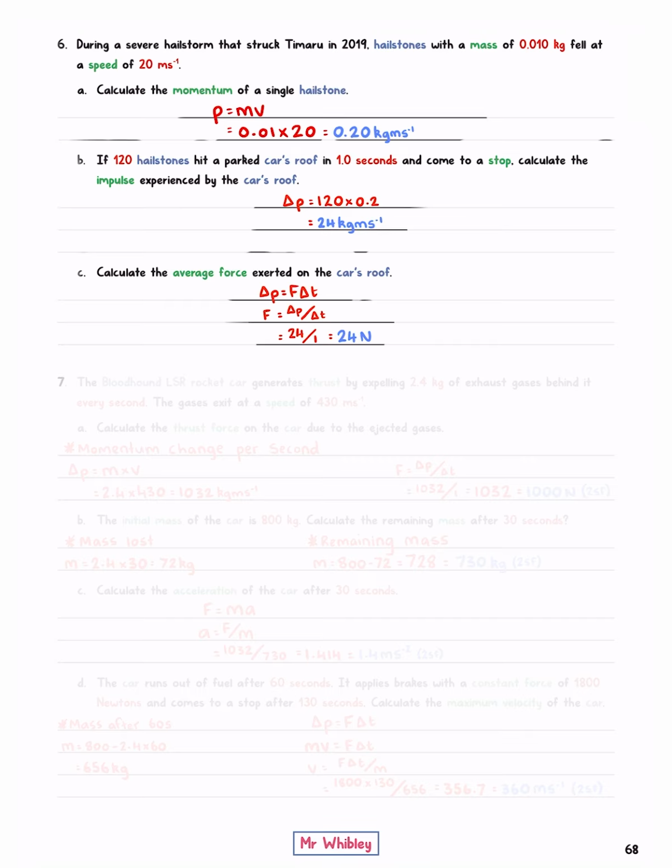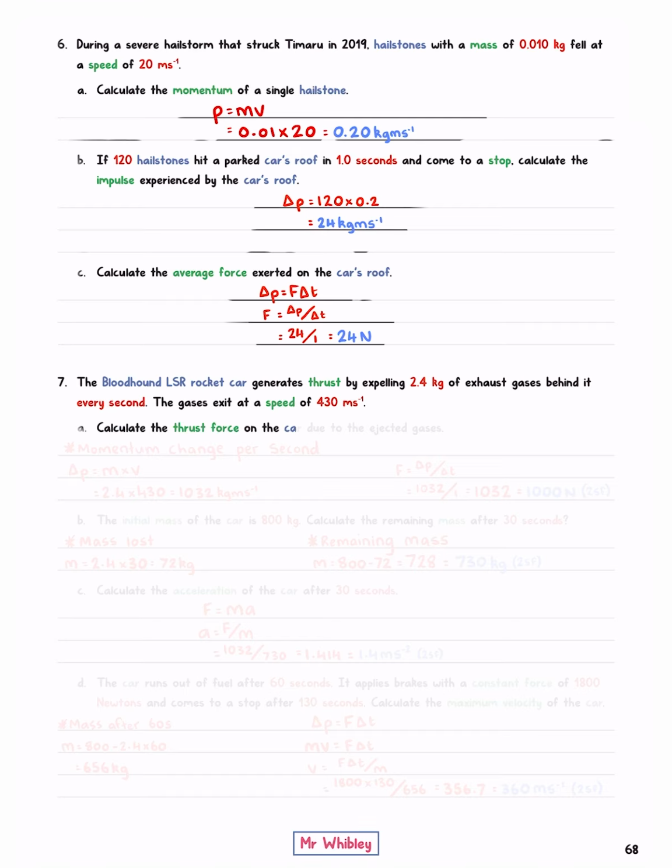Question 7. The Bloodhound LSR rocket car generates thrust by expelling 2.4 kilograms of exhaust gases behind it every second. The gases exit at a speed of 430 meters per second. Calculate the thrust force on the car due to the ejected gases. To do so, we can use our impulse equation, rearranged for force, where we know the time is 1 second, but we don't know the change in momentum every second.